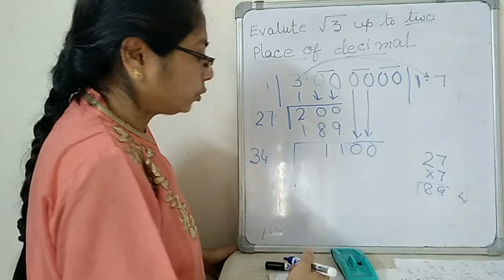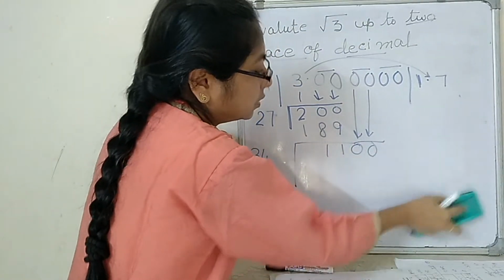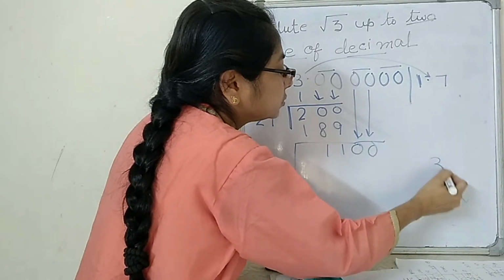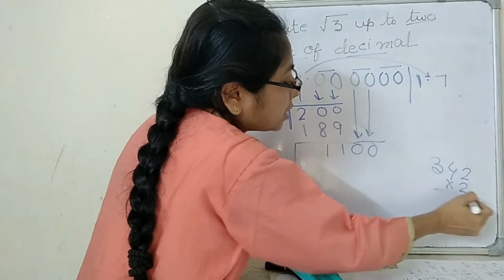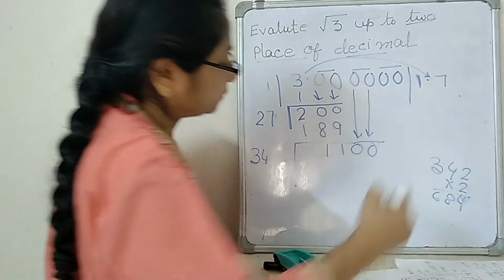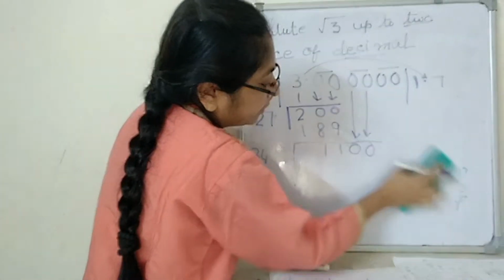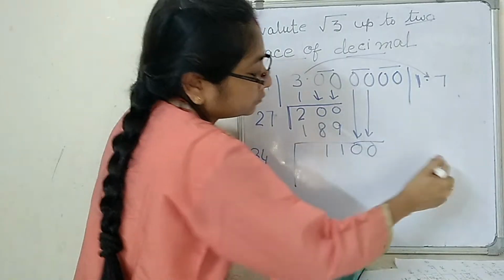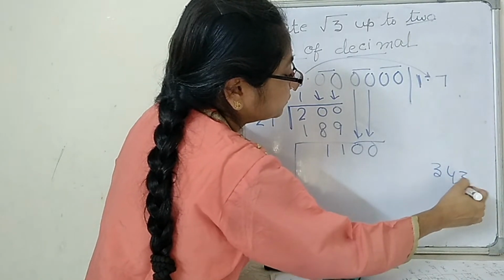Now you put any number. 342: first you multiply by 2. 4, 8, 684. But I think it is very less. I check another number, 343.